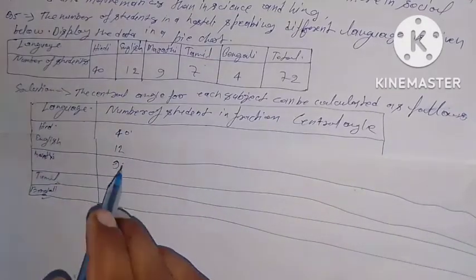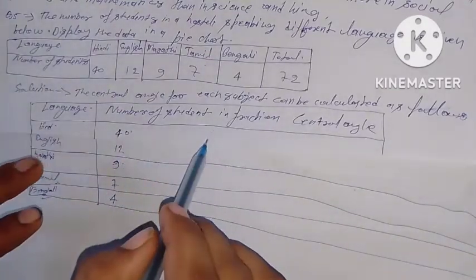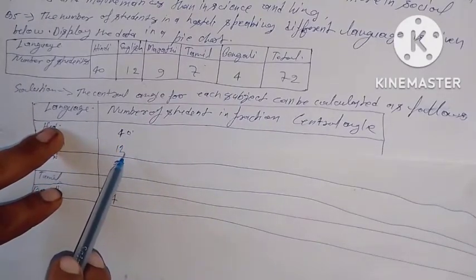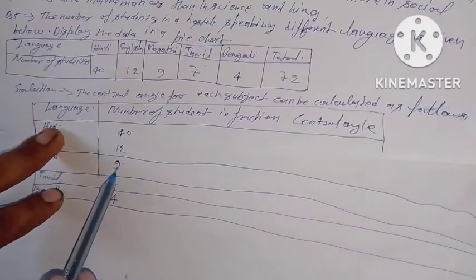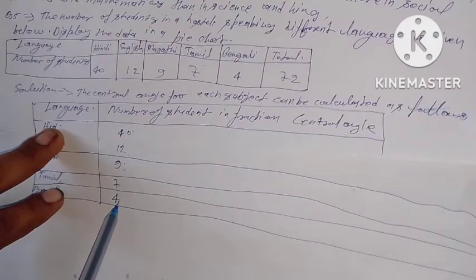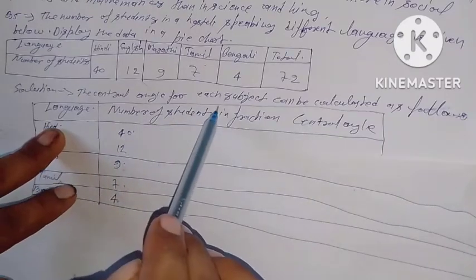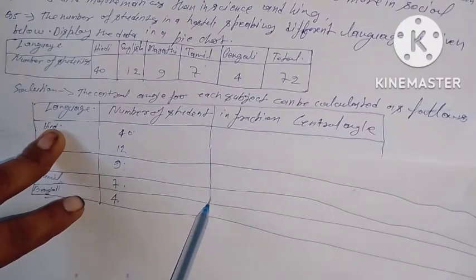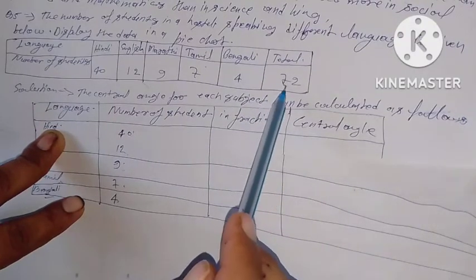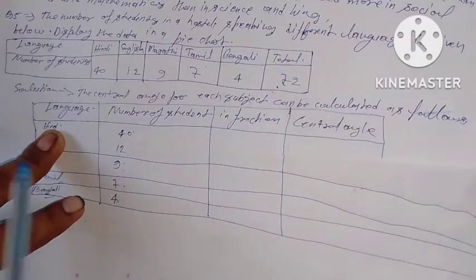Then total: 40 plus 12 is 52, and 9 is 61, and 4 is 65, and 7 is 72. Total number of students is 72.